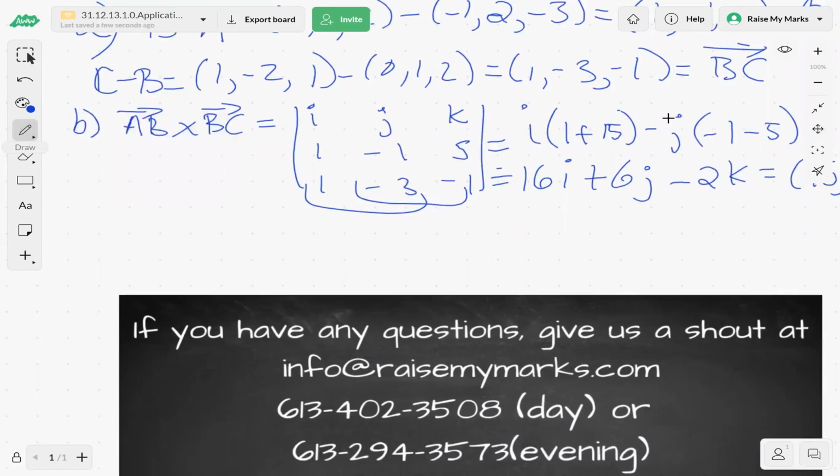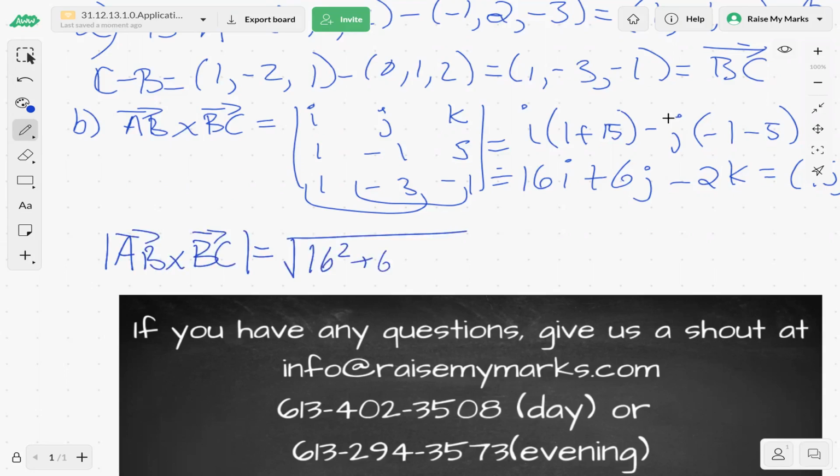All right, so now to find the area of the parallelogram, we need to find the magnitude of this cross product vector. So that's the square root of 16 squared plus 6 squared plus negative 2 squared. Okay, I think we need our calculator. So we got the square root of 296, and that's approximately 17.20.